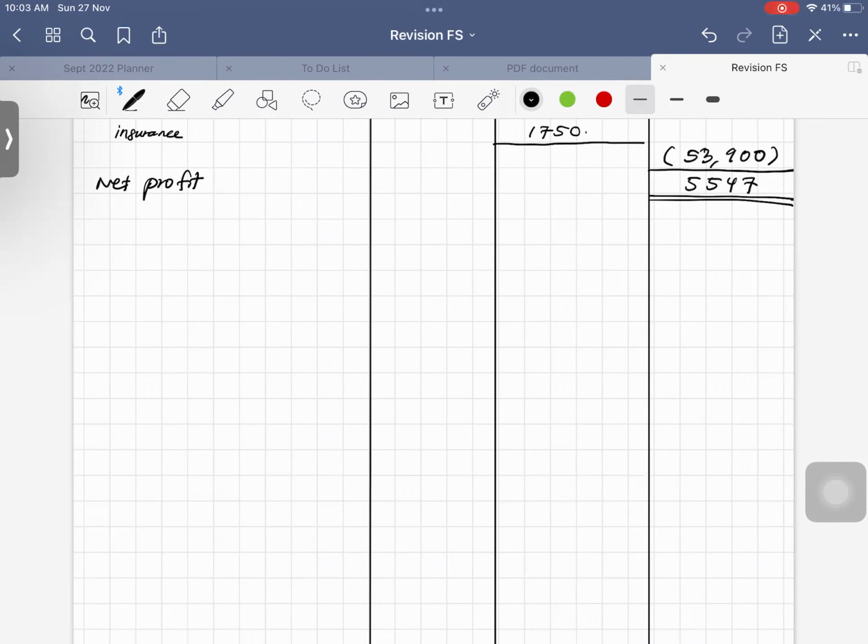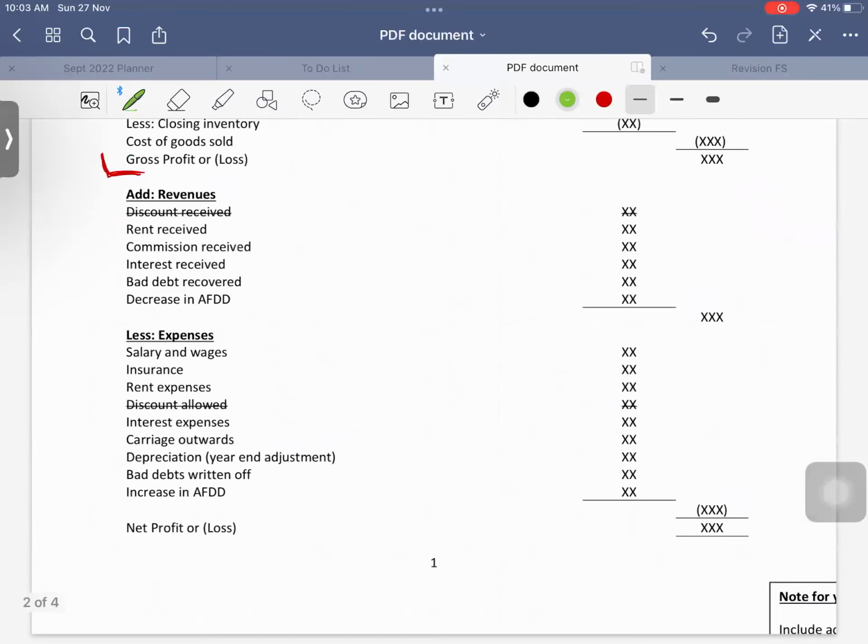Okay. Nanti this 5,547 you need to transfer. Okay, sebab tak ada soalan. This 5,547, you need to transfer to your SOFP under owner's equity. Tahu? Kat mana? Okay, I masuk tengok dekat SOFP.